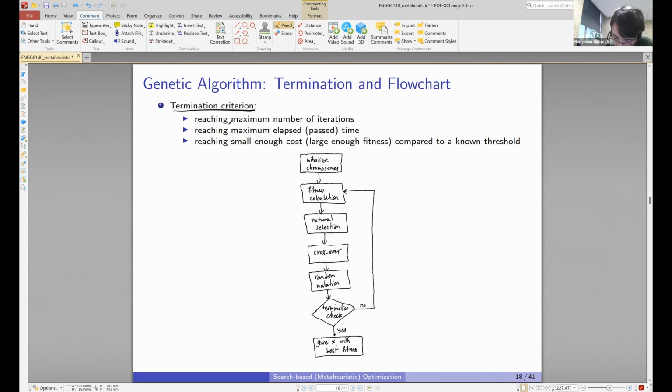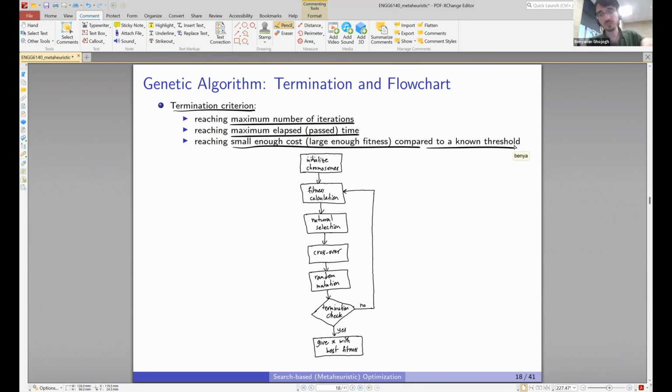And for that, we can have different criteria, such as maximum number of iterations, or another one is maximum elapsed time. So for example, after 3 hours, or maximum number of iterations, for example, after 100 iterations. Or a small enough cost compared to a known threshold. For example, you know that the range of your function value is between 0 and 1.